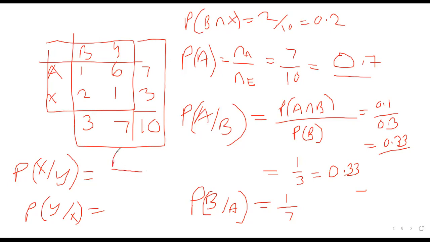The formula, first of all, is given by what? X given Y, what's the formula? X intersection Y over the probability of Y. And here, what are we going to have? Where they meet, 1. And the total for Y, which is 7. Good. You can leave it in decimal places.